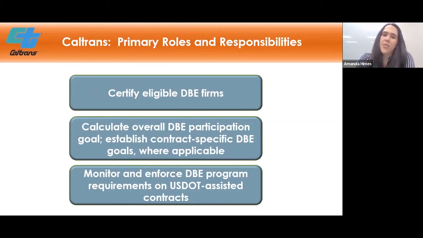We calculate the overall DBE participation goal. We establish contract-specific DBE goals when it's applicable on a contract. And then we also monitor and enforce the DBE program requirements, again, on US DOT assisted contracts. So there's a little bit of overlap between agencies sometimes, but generally we all work together to make sure that this program is efficient and runs smoothly.